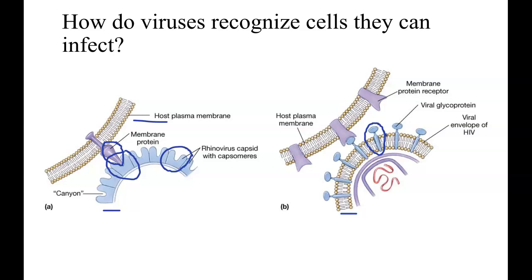And so that spike protein is going to have a perfect puzzle piece fit with that receptor protein on the host cell. So the very first step, whether we're talking about animal viruses, bacteriophages, or even plant viruses, has to be that adsorption. Viruses have to attach to cells.